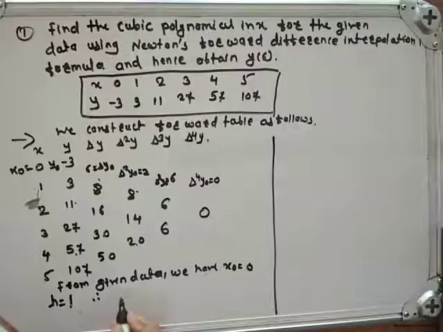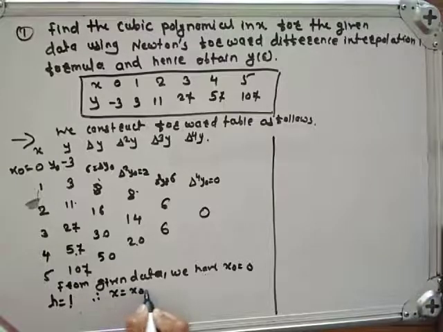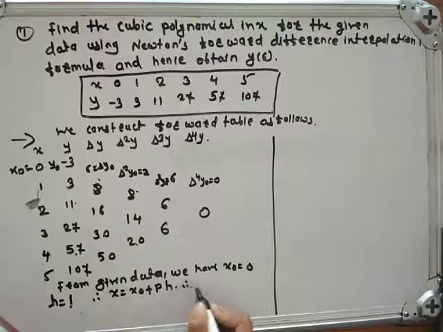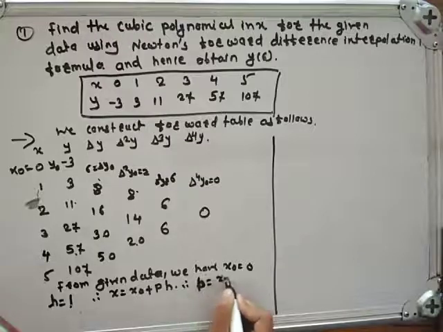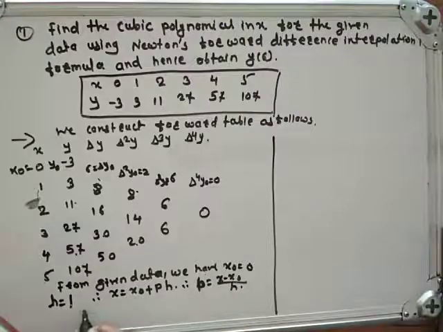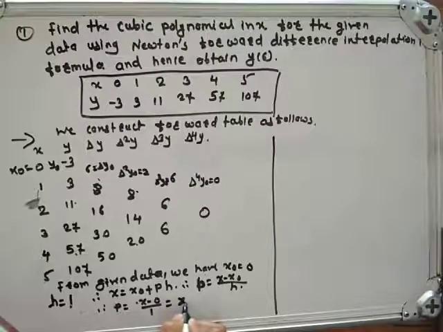And you have the formula x is equal to x0 plus ph. So p is equal to x minus x0 upon h. Therefore p is equal to x minus 0 upon 1, which is equal to x.